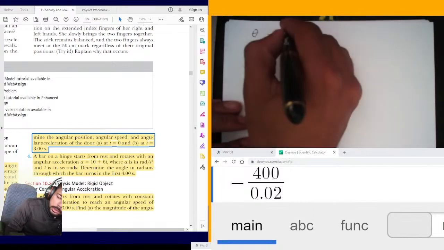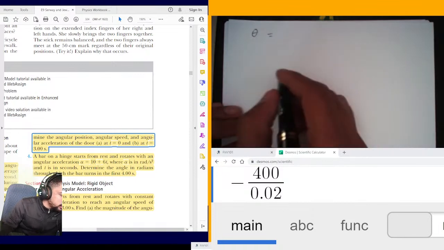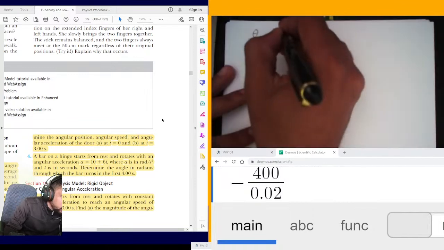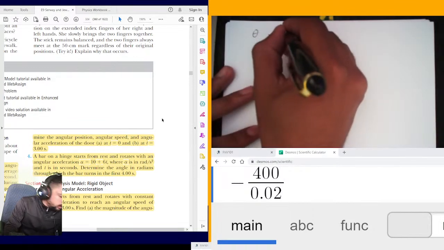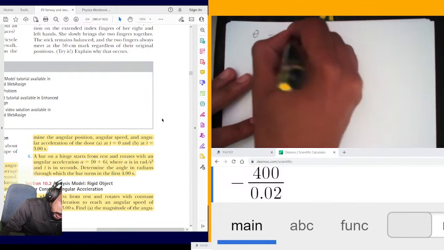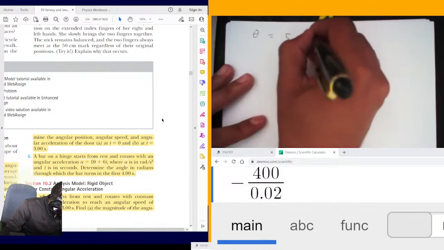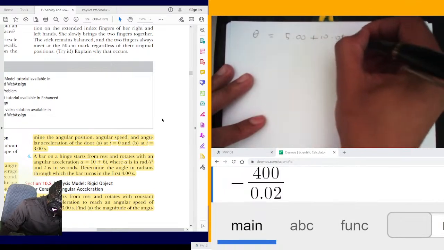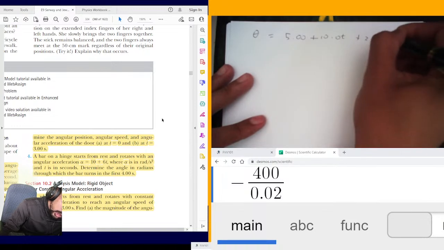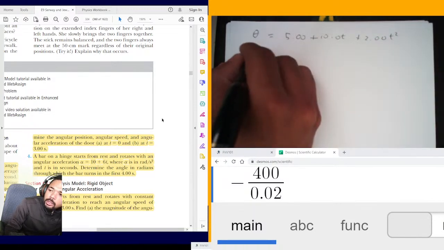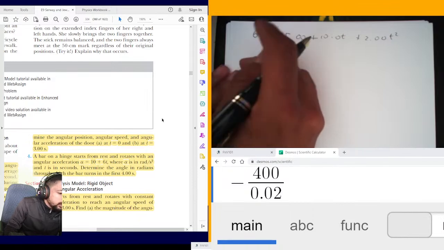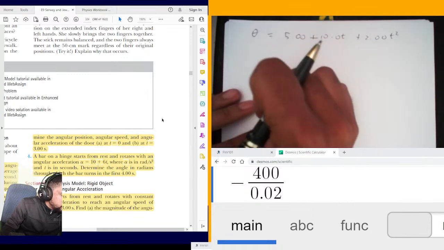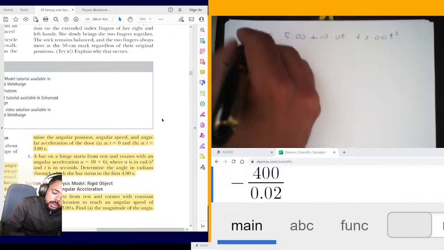Sometimes you had problems using this in translational mechanics. We need to determine the angular speed, the angular acceleration, and the angular position at t.